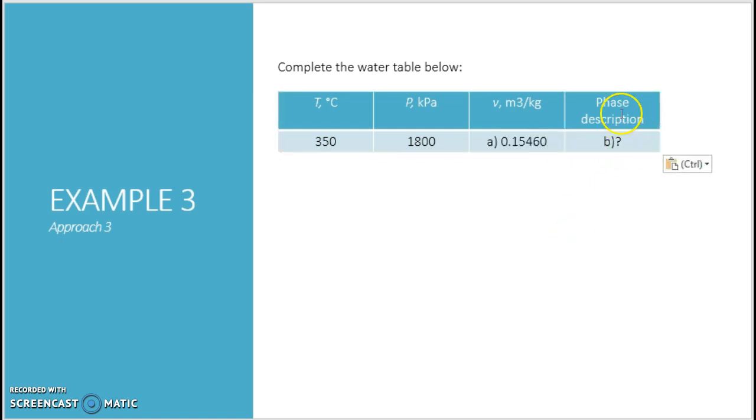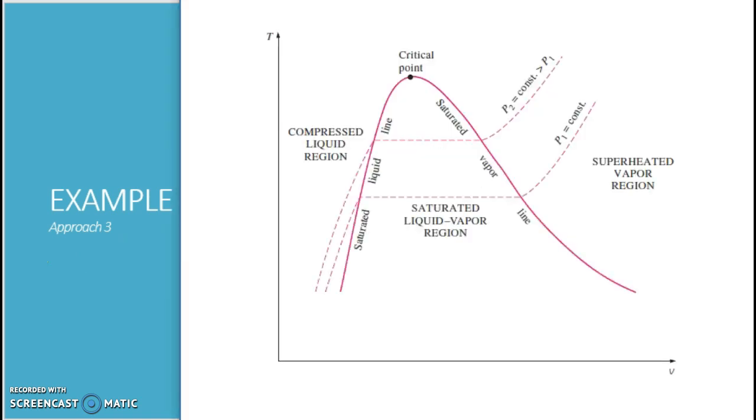Now, what about the phase description? Let's say the 1.8 megapascal or 1800 kilopascal is this line.